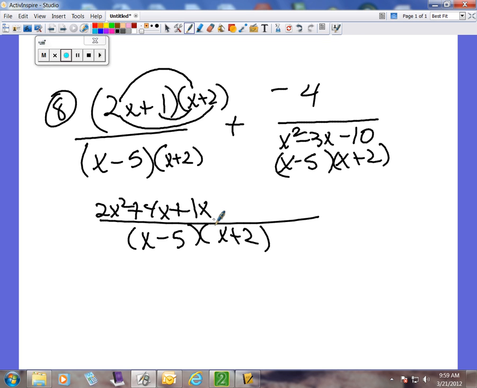I'm going to write the 1 so everybody can see what we're doing. And then 1 times 2. I just FOILed it. Now I didn't add like terms yet. We'll do that when we write our final answer. Now, do I have to do anything to this? So I have plus negative 4. Right? Now combine like terms. And then we have our answer over x minus 5, x plus 2.